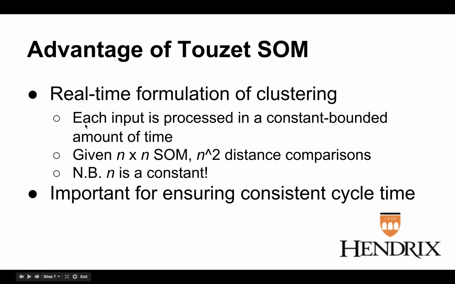That is, we can say each input is processed in a constant bounded amount of time. Keeping it simple, what we observe is that given an n by n SOM, at most we are doing n squared distance comparisons. But because n is a constant, we can argue that each one is being done in constant time.